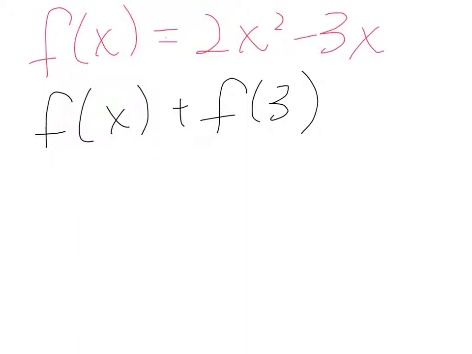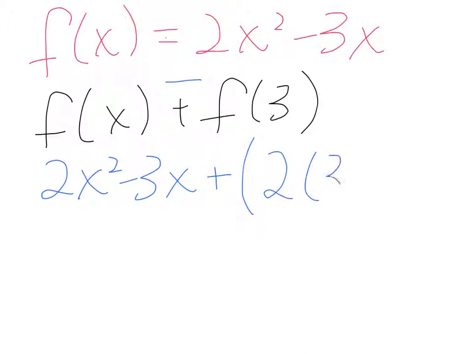So first you would start with plugging everything in. We know that f of x is 2x squared minus 3x. And f of 3 would be plugging 3 in for every time there's an x. So we would still add, put it in parentheses if you want. It will be helpful later on if you have, say, minus instead of plus.